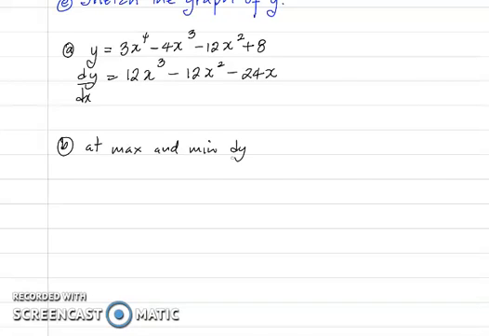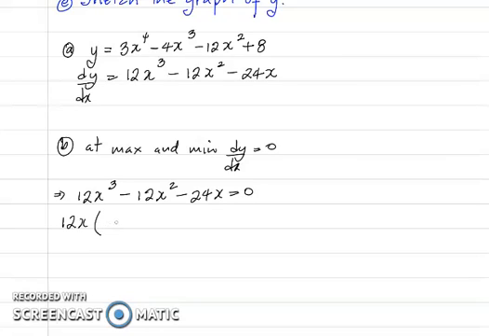dy by dx is equal to 0. So therefore, 12x cubed minus 12x squared minus 24x is equal to 0. 12x is a common factor. 12x outside the bracket.